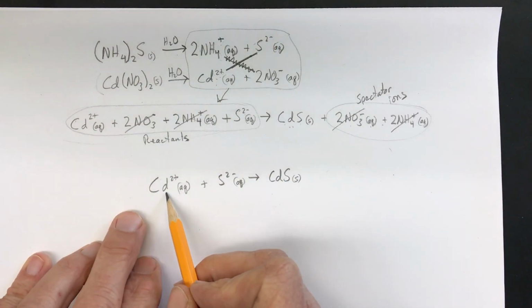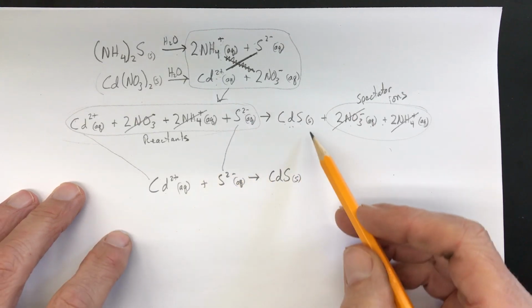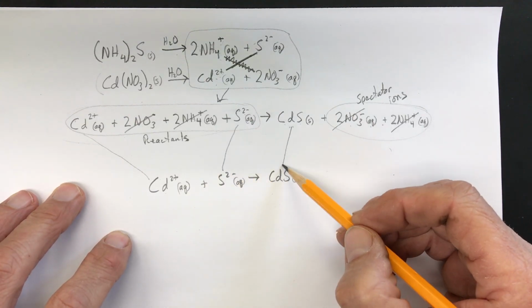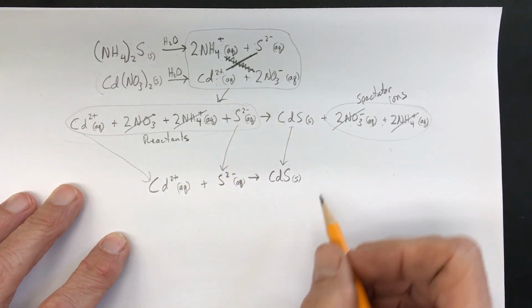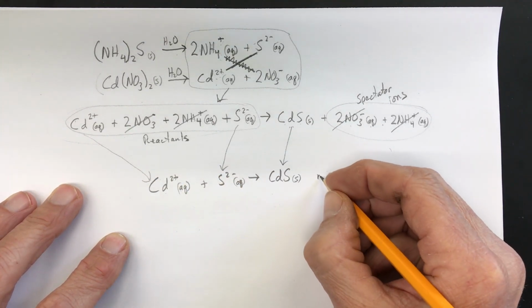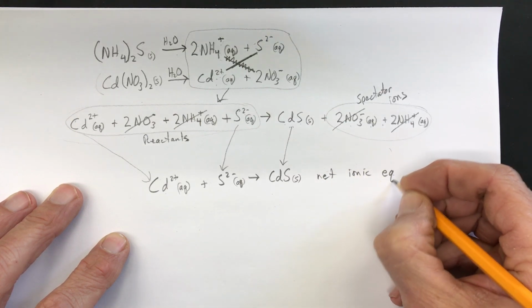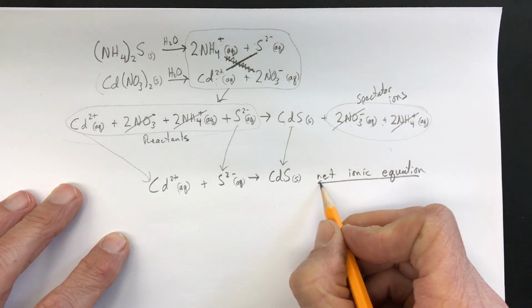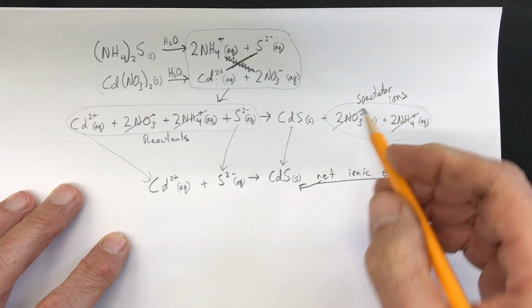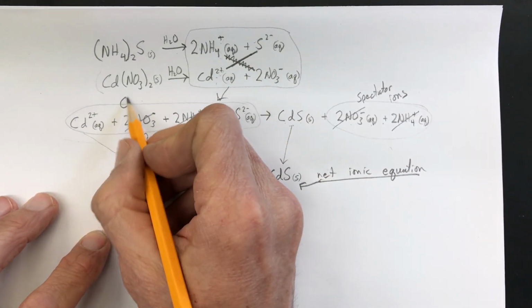We're left with this equation where the cadmium, the sulfide, and the cadmium sulfide here, and we get what's called the net ionic equation. That's what that is. This here I should have mentioned, this is the overall.